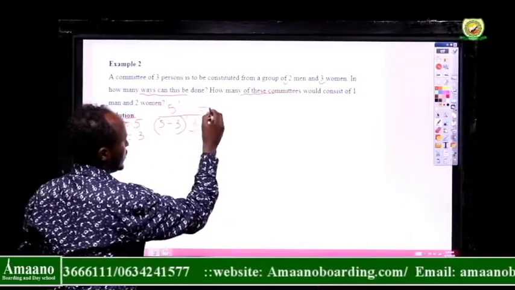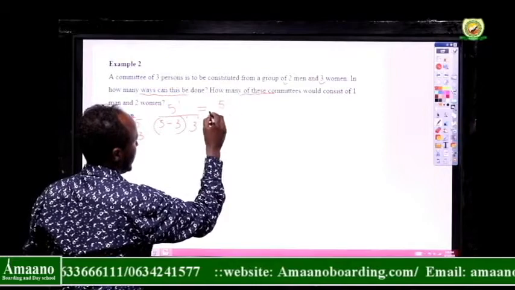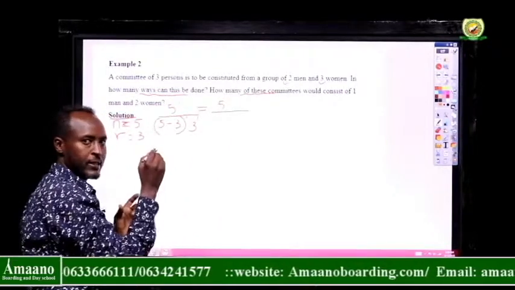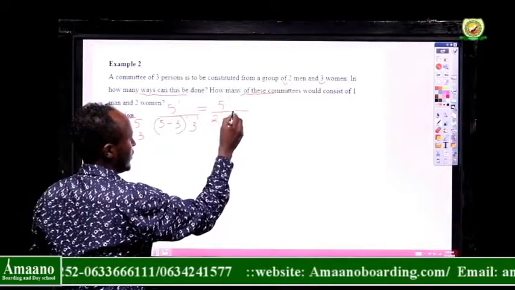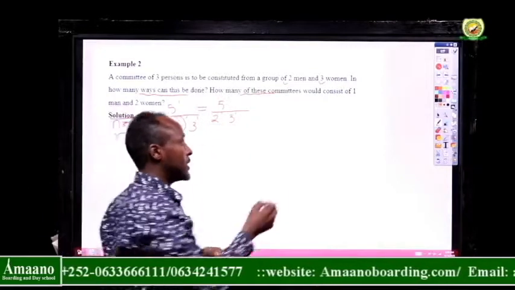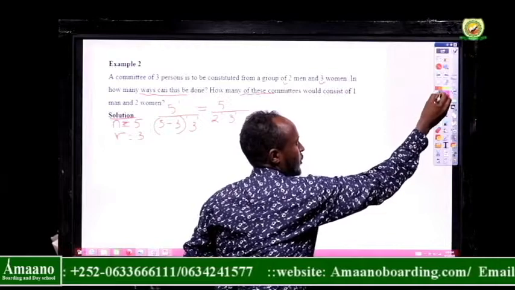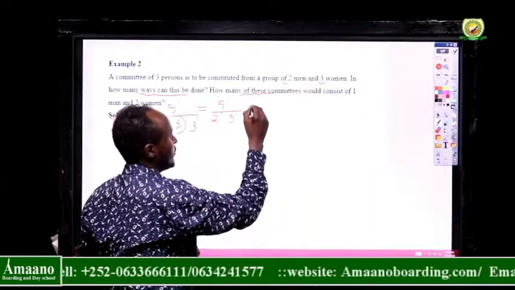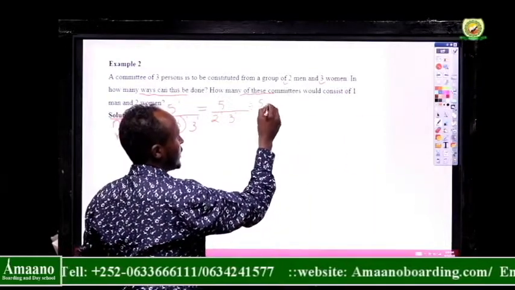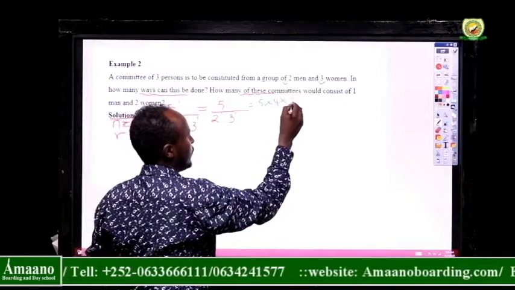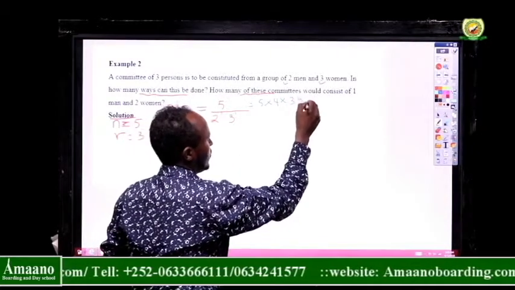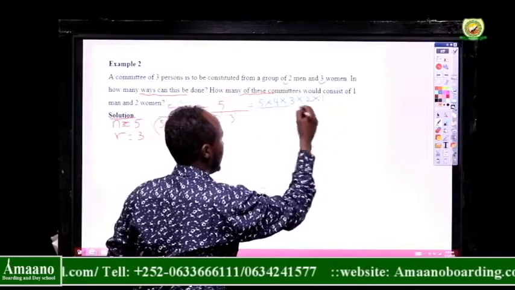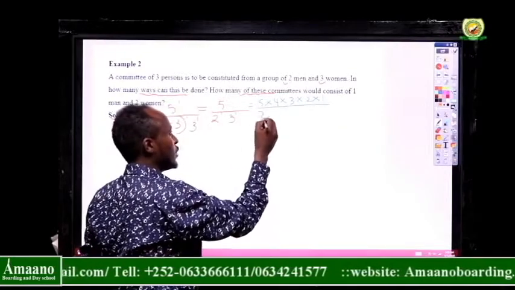If we proceed, it's 5 factorial divided by 2 factorial times 3 factorial. Let us simplify. From the top, we have 5 times 4 times 3 factorial, divided by 2 times 1 times 3 factorial.